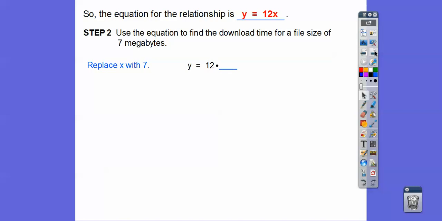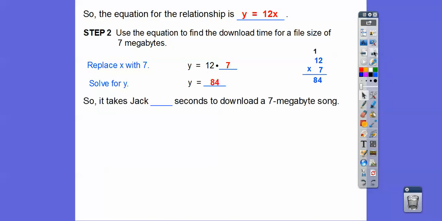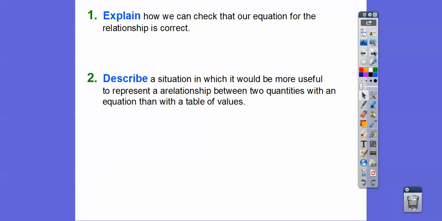We just multiply 12 times 7, and that's going to give us 84. 7 times 2 is 14, so we put the 4 here and carry the 1, and then 7 times 1 is 7, plus 1 is 8. So it's going to take Jack 84 seconds to download a 7 megabyte song.